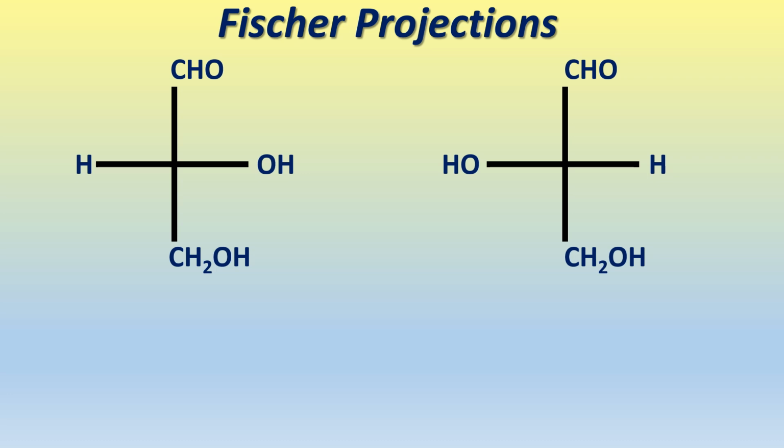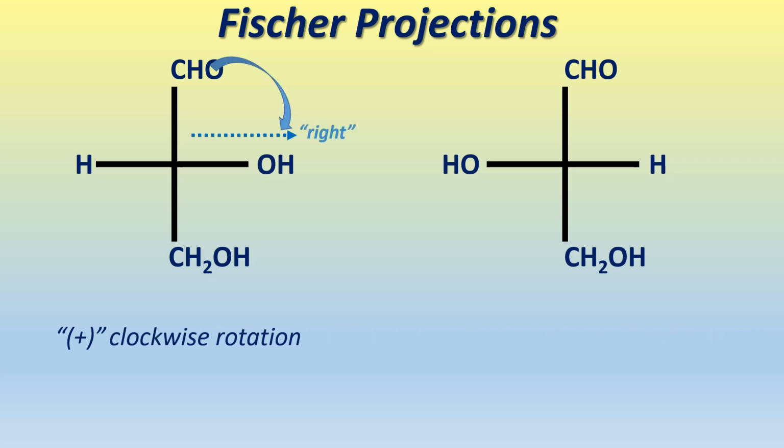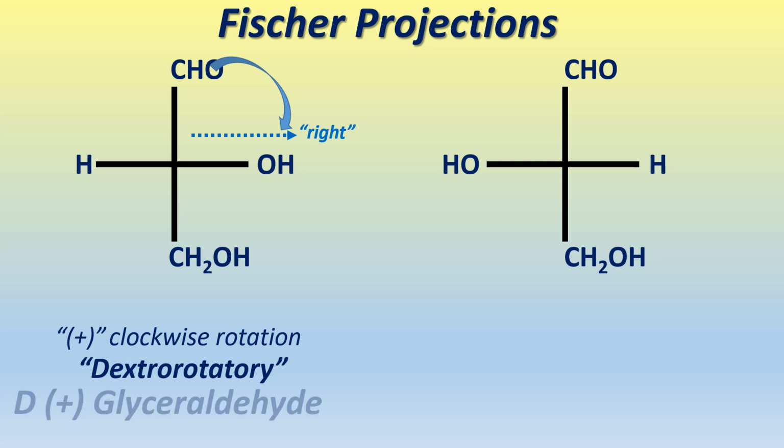Fischer noted that when the hydroxide was on the right side, he got the plus or the clockwise rotational isomer. He denoted this as the dextrorotatory or D isomer. So one had D for dextrorotatory, plus for the direction of the light bending clockwise, glyceraldehyde.